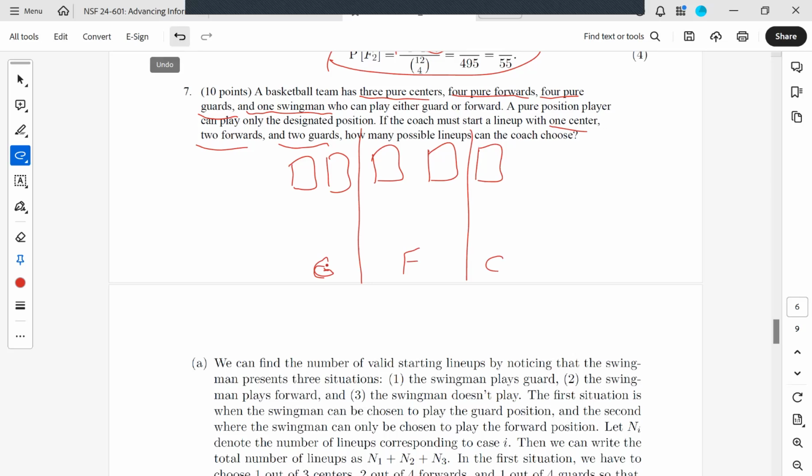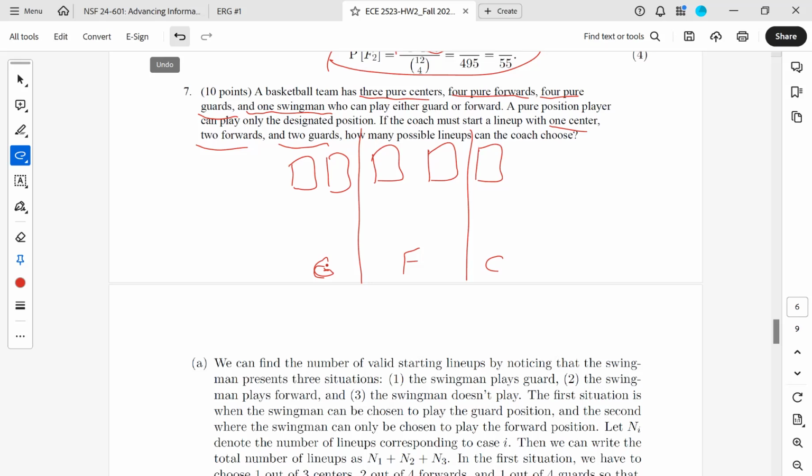So we need 1 center, 2 forward, and 2 guard. Choosing centers is easy because the only option that we have is the category of the players that are trained to be center.